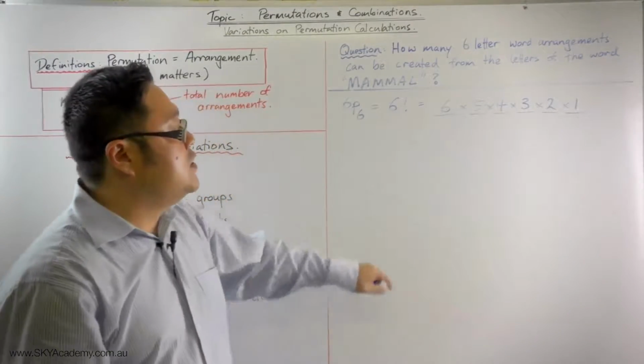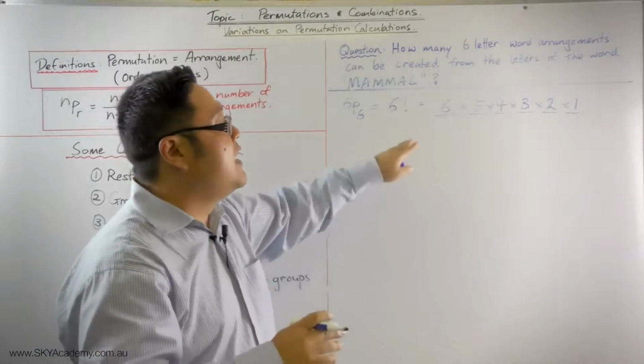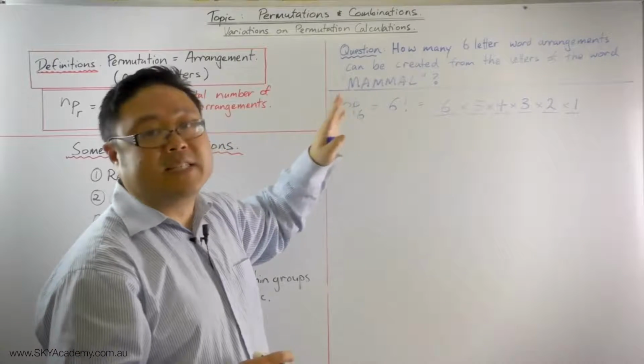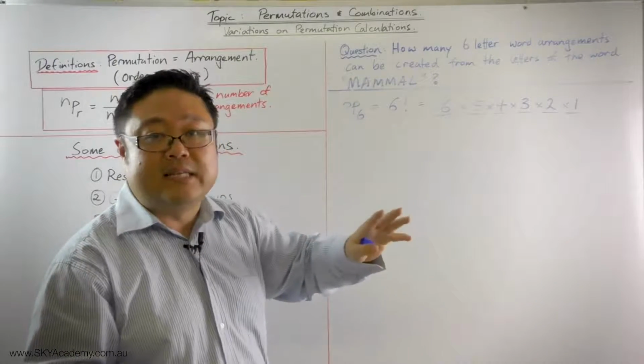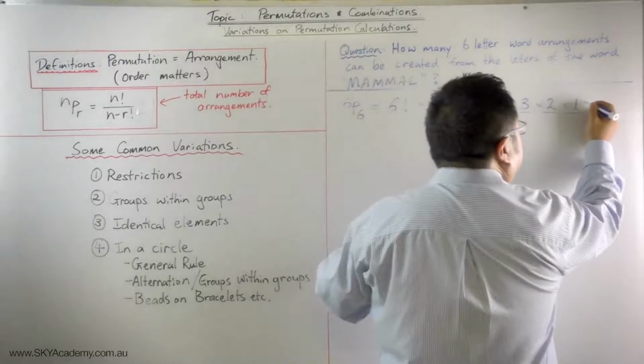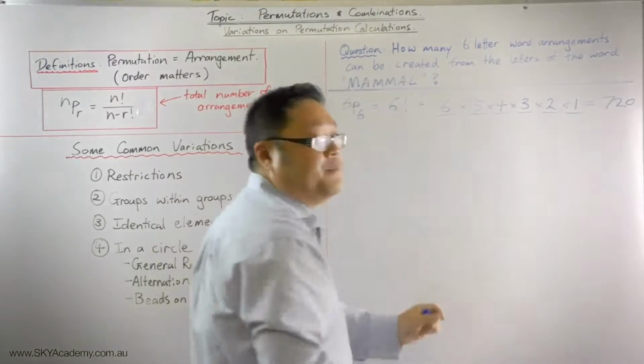So here, do you see that you've got 6 factorial arrangements of a 6-letter word where all the letters are distinct? Got it? All right? Put that in your calculator. Punch those numbers in, see what it spits out. It should spit out 720, okay?